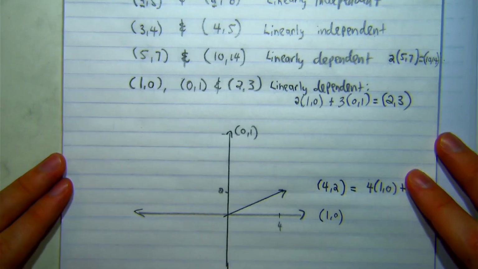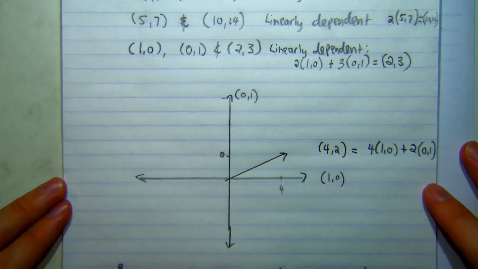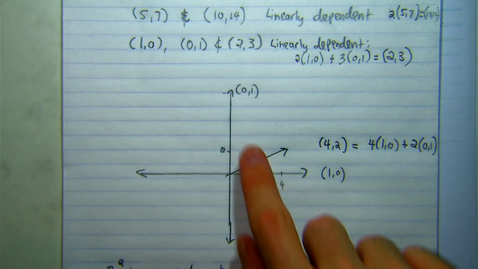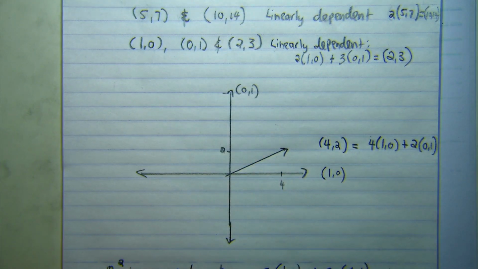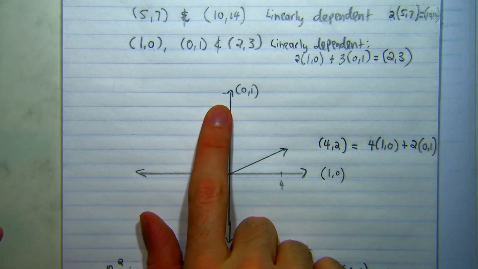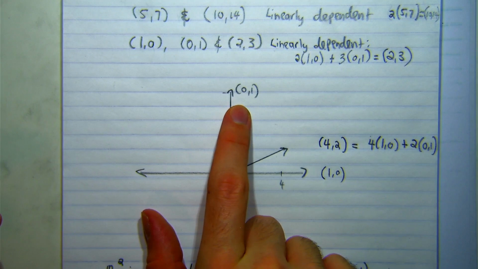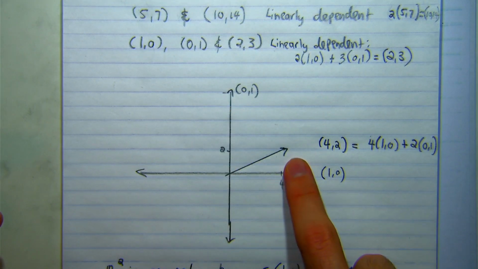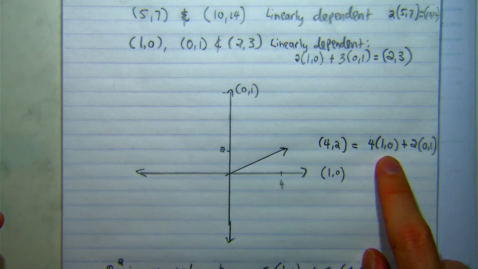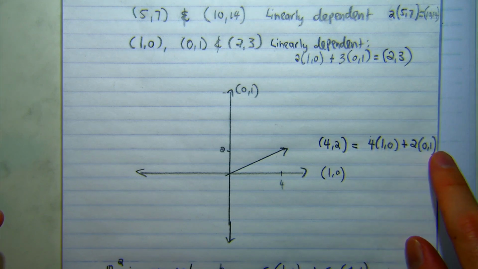And if you think about our coordinate system, the coordinate system is actually defined from adding two different directions together. The x-axis is actually the axis with direction 1, 0, and then the y-axis is just the direction 0, 1. And when we put down the coordinate, say 4, 2, we're actually adding 4 multiplied by 1, 0 plus 2 multiplied by 0, 1.